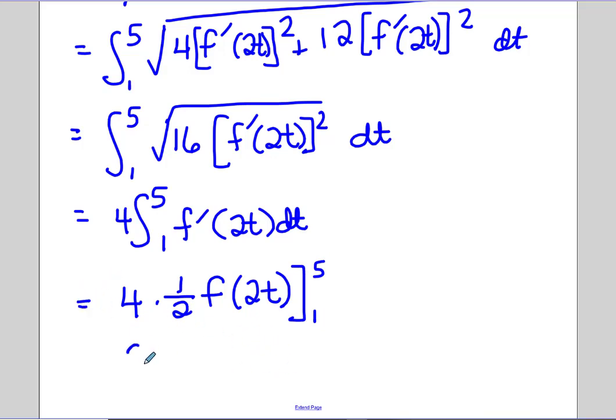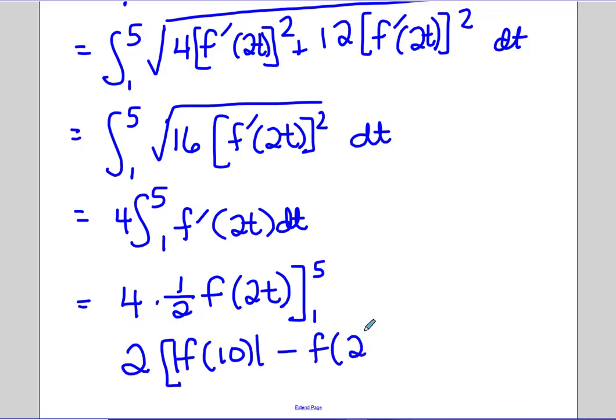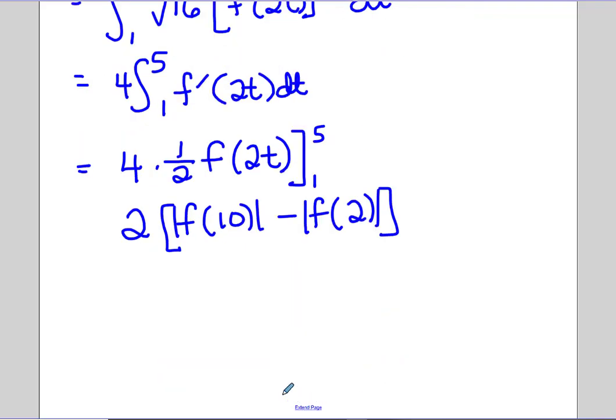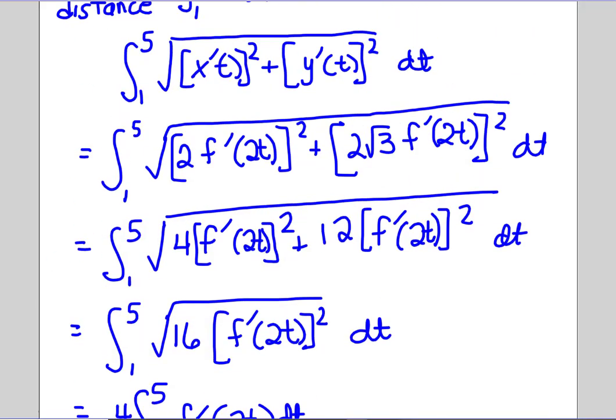So this is going to be 2, and we could evaluate from the f of 10 to the f of 2. And looking back at the table, we need to know the f of 10.